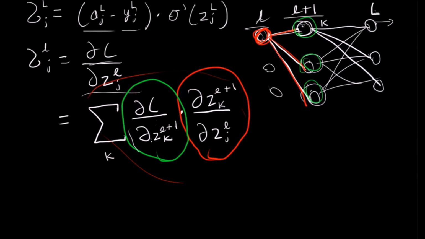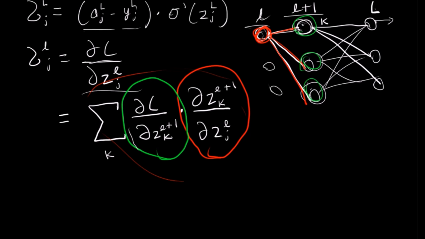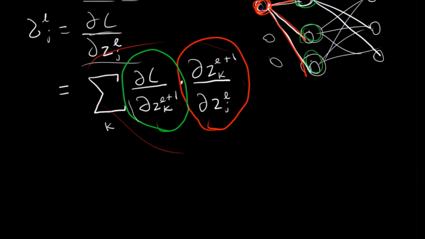And here we have the change of the cost function with respect to a specific neuron Z^(L+1)_K. So we can rewrite this entire expression as, oops, that's a really ugly sigma. Hold on, I'm going to fix that. That is another one. Okay, whatever, I can't make a perfect sigma right now. That's just going to be delta^(L+1)_K.